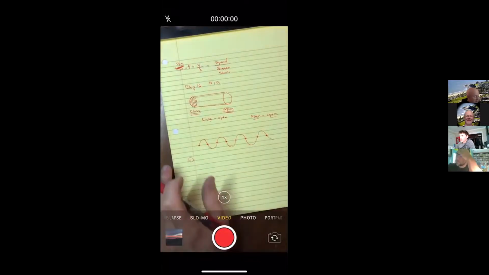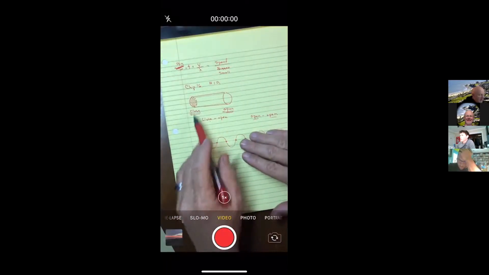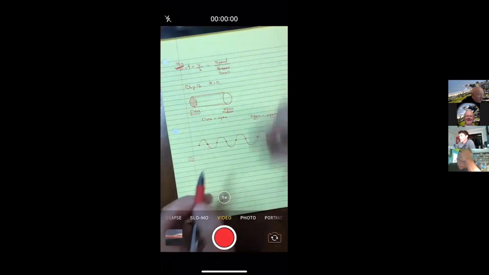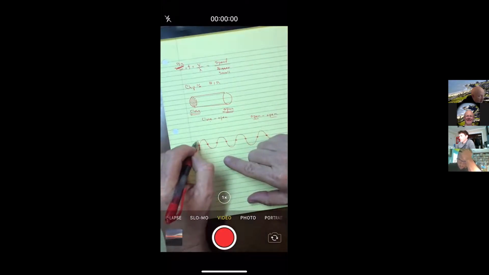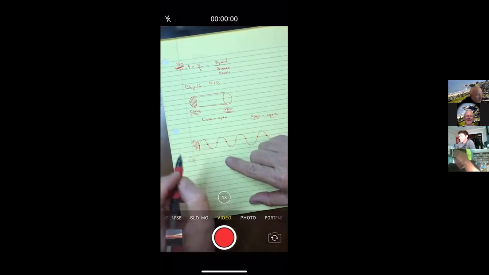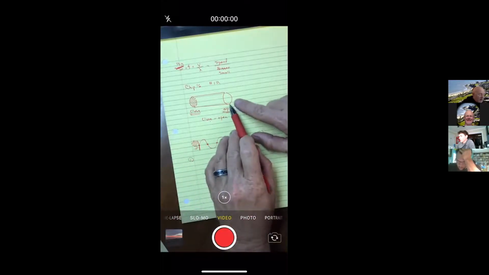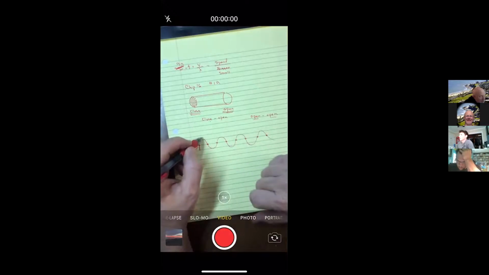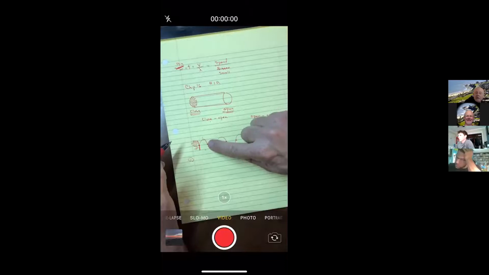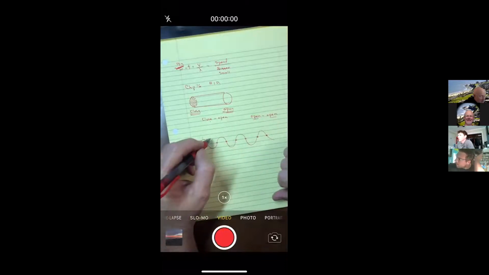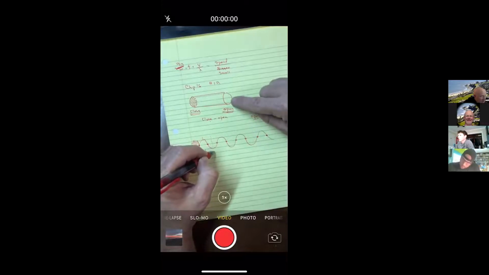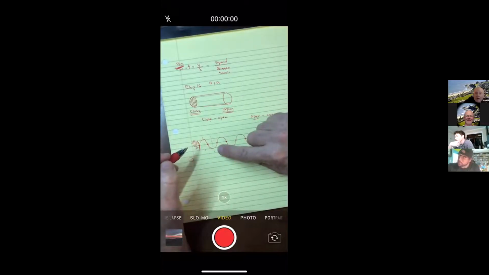Let me just pick one place that is the closed side, which, as you said, would be a node. So let me call this the closed side. When I look at a standing wave pattern, one option is that the open end is right here at the first antinode. Another option is that the open end represents that one.